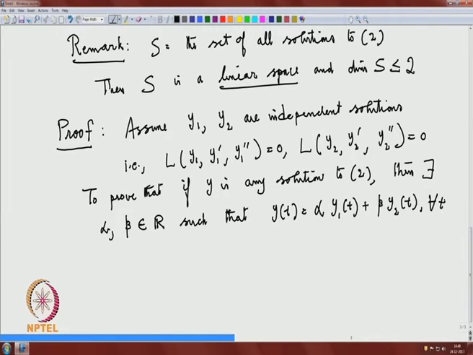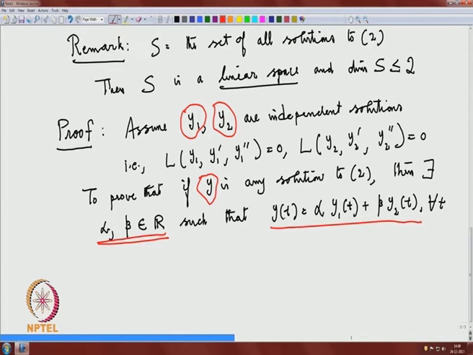So, what are the things given to you? y1 is given to you, y2 is given to you, y is given to you, and you have to determine alpha and beta, and then that should satisfy for every t.